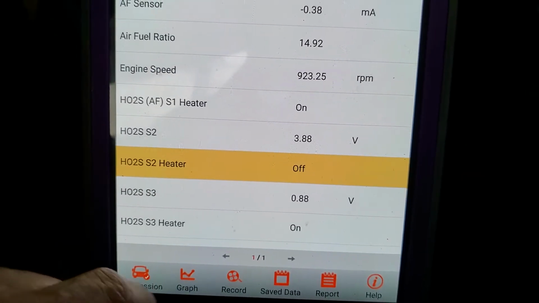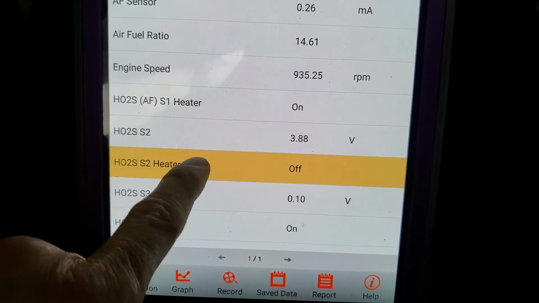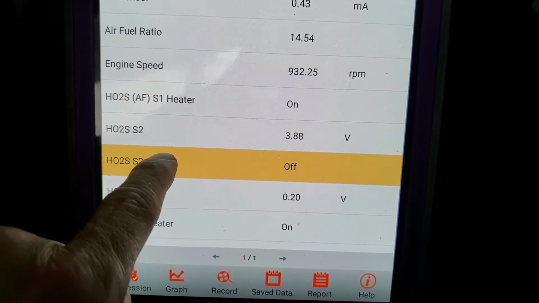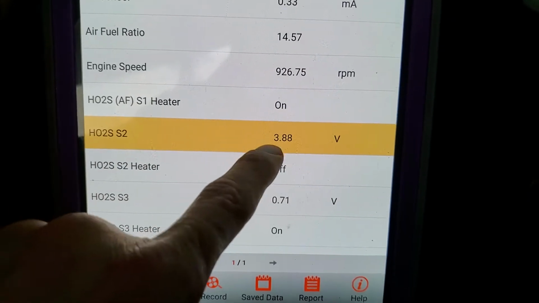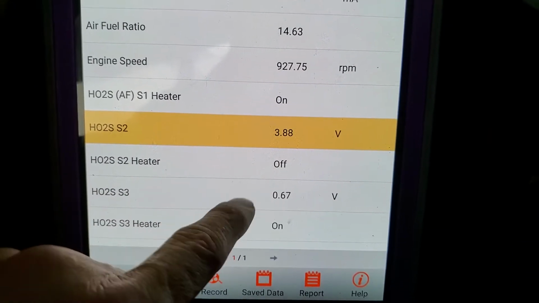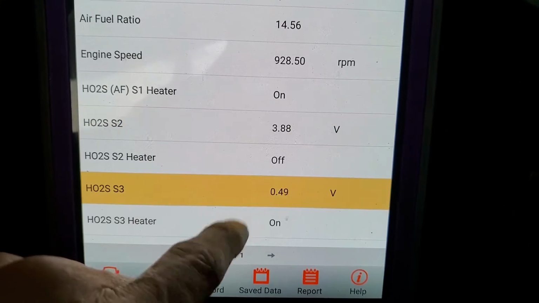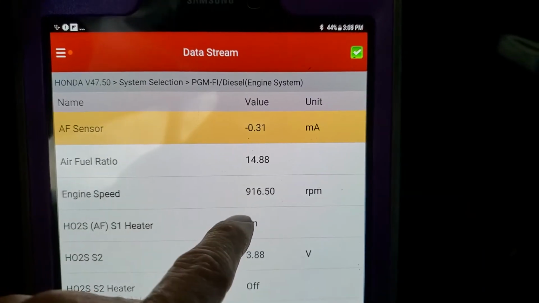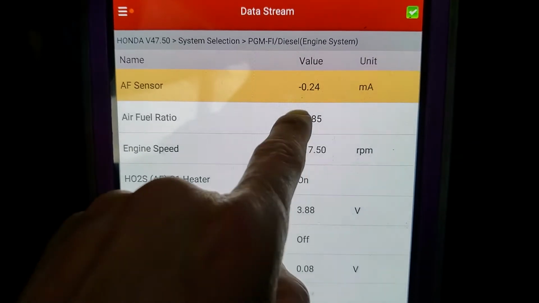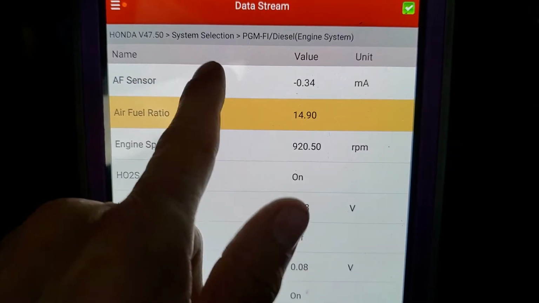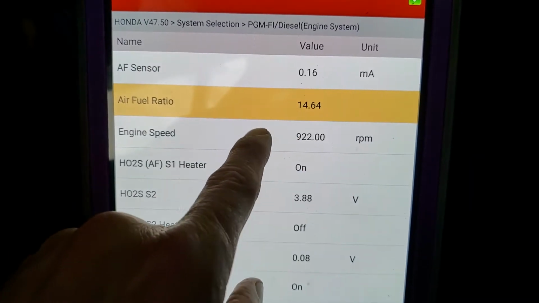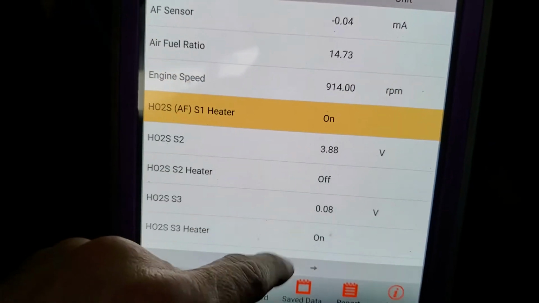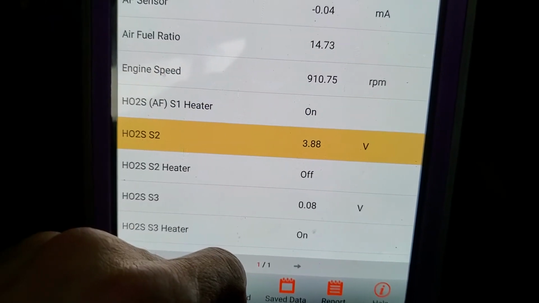That one went off. And look at that one, because for this sensor the heater circuit is off. See the voltage? 3.8. Still hasn't come back to life. While this one now is fluctuating, because it has the heater. So this one is normal, the air fuel ratio sensor. The air fuel is about 14.7, so that's great. Okay, so that one hasn't come back to life yet.